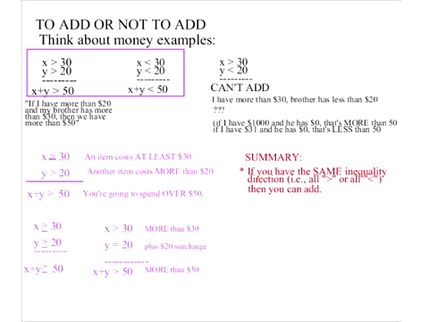Okay, if you add mixed less thans and less than or equal tos, then out of that you get a strict less than. Same thing is true for greater thans.